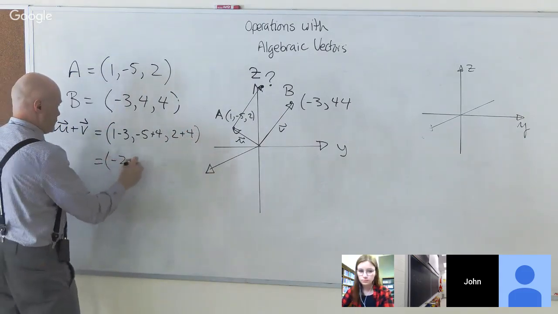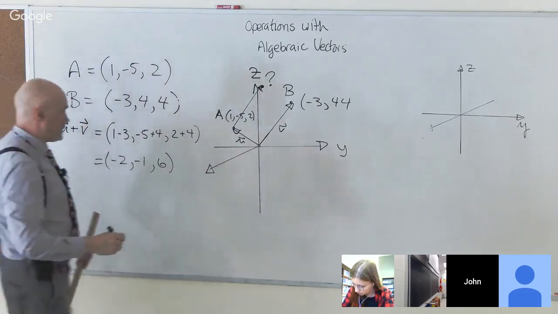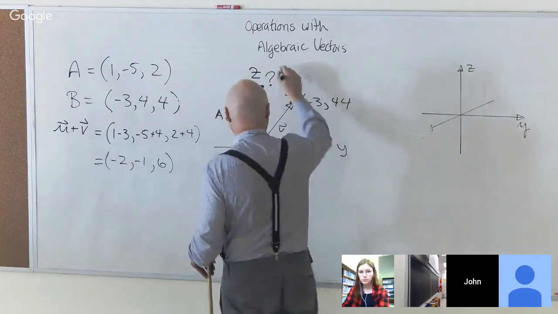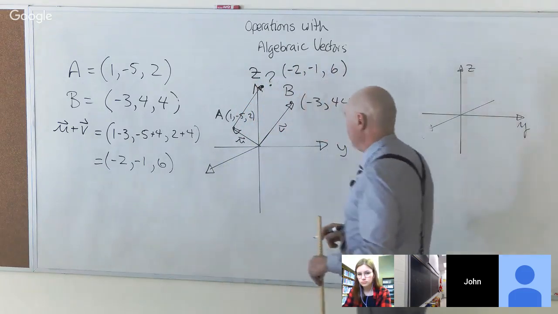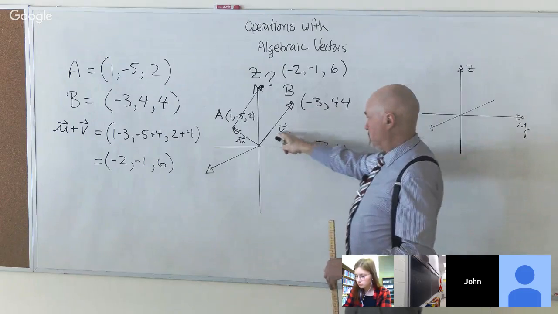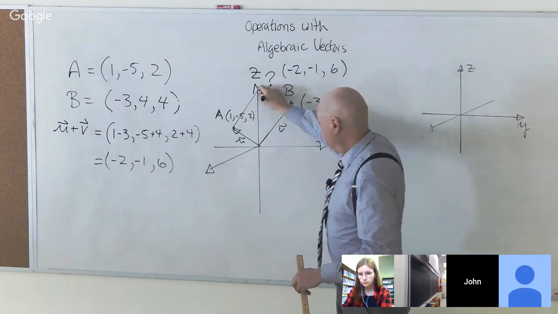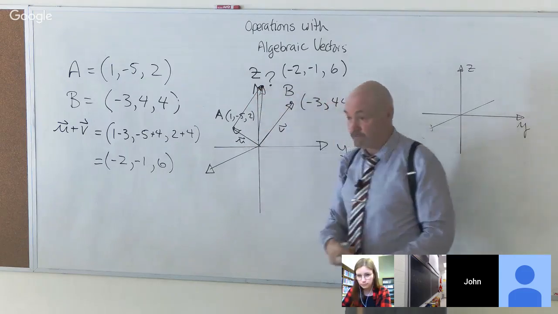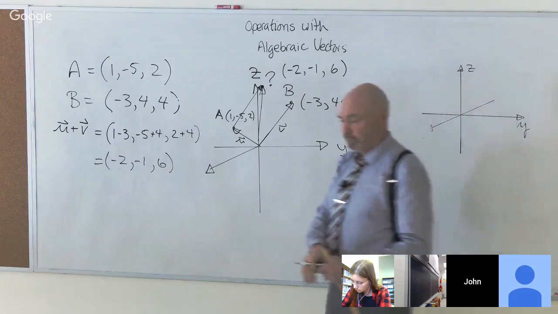So it's -2, -1, and 6 is the coordinate up here to complete my parallelogram. So -2, -1, and 6 is that last point. So I've just added U and V together to find out what that vector is there, and I've found the last point in the parallelogram.